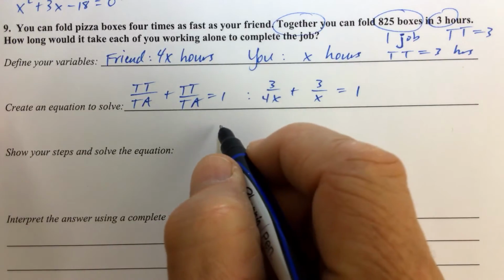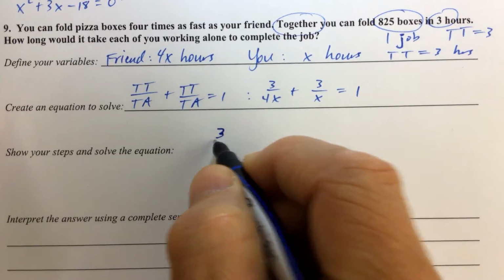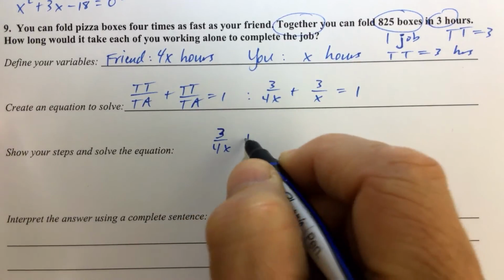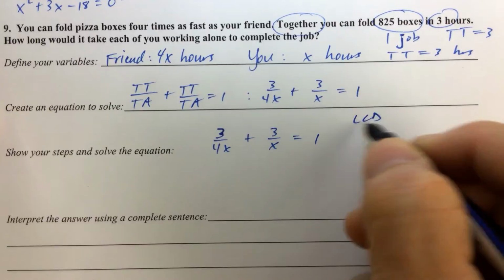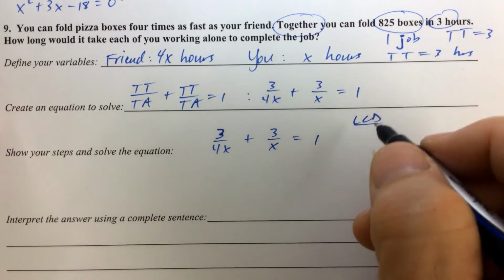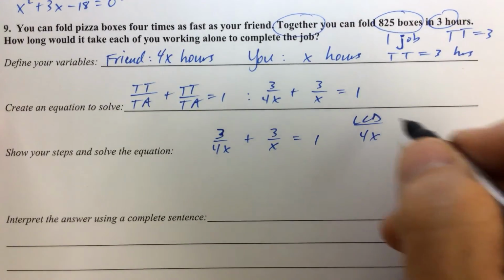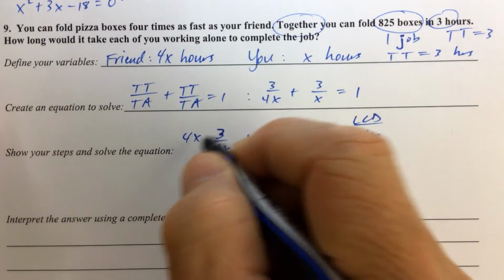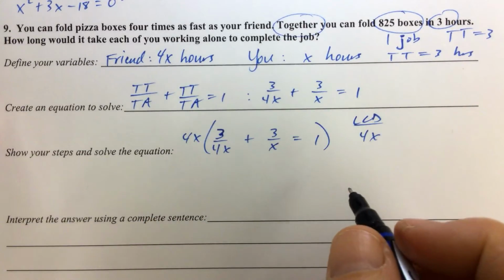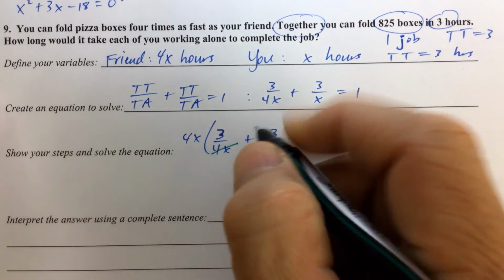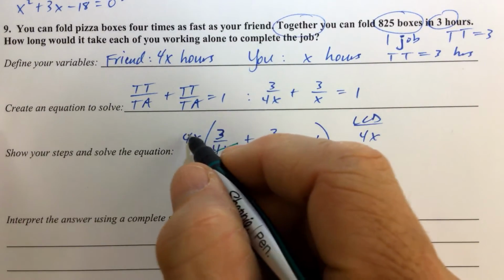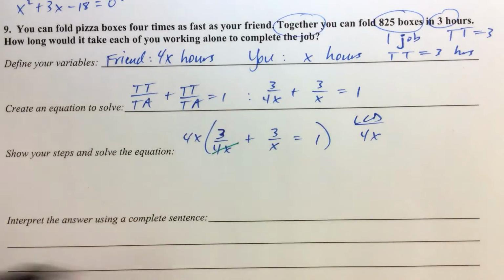And so showing the steps for that equation, this is just another one of those rational equations that we've been solving over and over again. We find our lowest common denominator, that's 4 times x, and we multiply both sides by 4 times x. When we do that, we can see that this 4x cancels with that 4x, and so 4x over 4x is 1, 1 times 3 is 3.